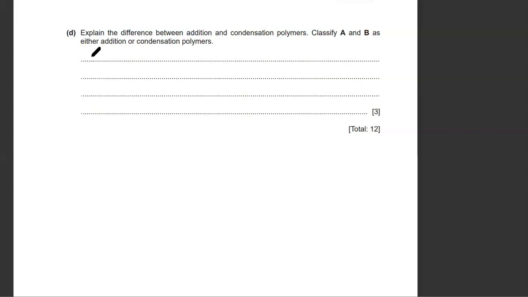If you're answering this, look at the marks, whether it's 2 marks or 3 marks. Tell them that addition polymerization gives only one product.